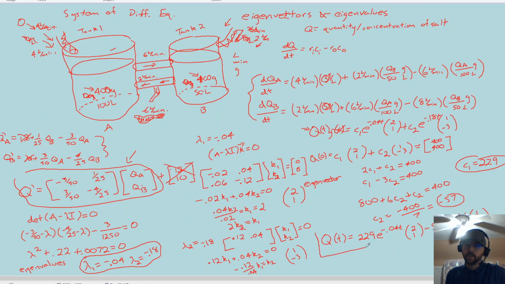You could also write it as two separate solutions. So if you follow the top half, it's going to be the quantity in A. So Q of A equals 229 times 2 e to the negative 0.04t minus 57 times 1 e to the negative 0.18t.